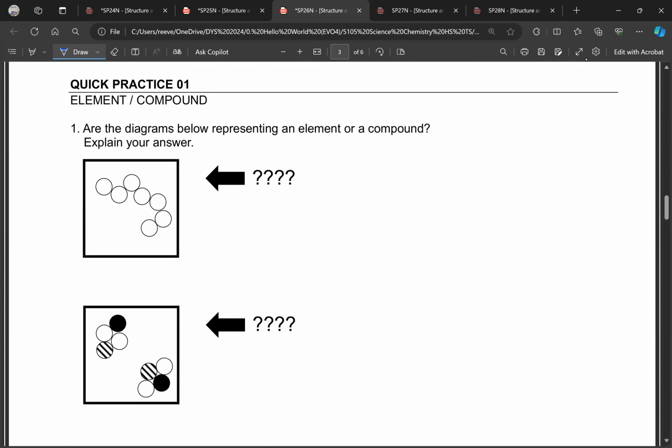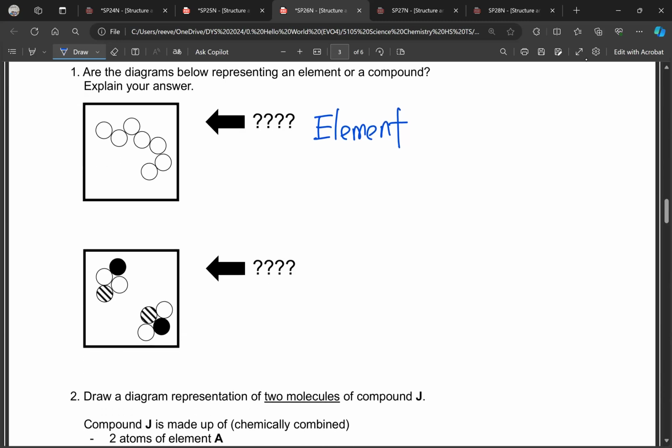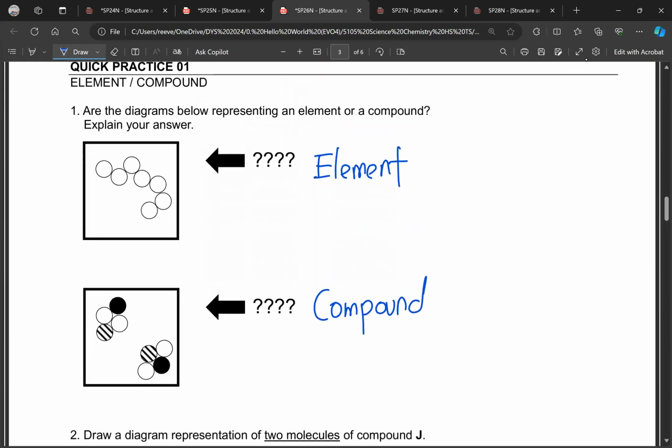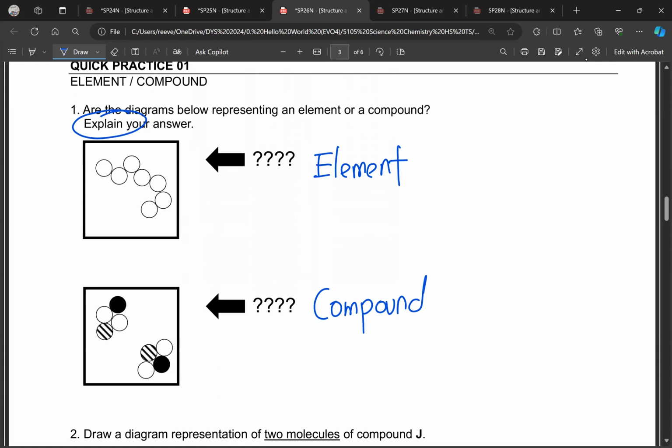This one, is it an element or a compound? The answer is quite easy, right? This one is an element. Why? Because a compound must have 2 different elements. There's no difference, it's all the same, 1 white circle. This one is a compound. I don't need to say, there are so many different things joined together, different colors, different patterns, different elements chemically combined. Do I need to write the reason? You need to explain your answer.